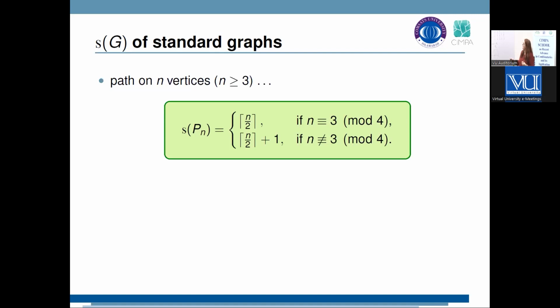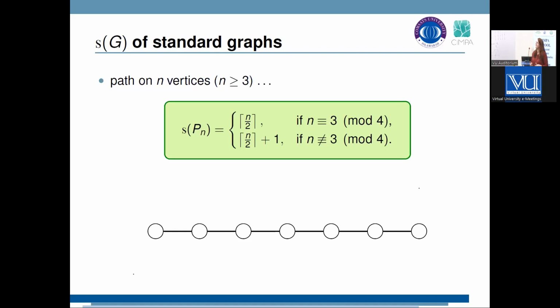And in other cases, it is that number plus 1. So let's try to find an irregular assignment with the corresponding irregularity strength. Would you like to try, or shall I show you? Immediately show you. You are tired.